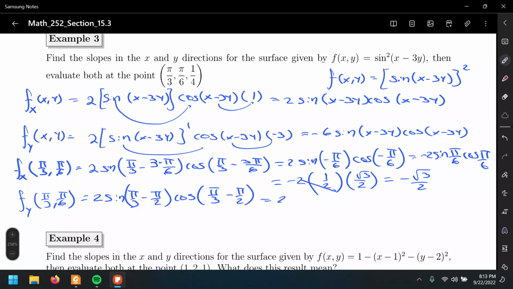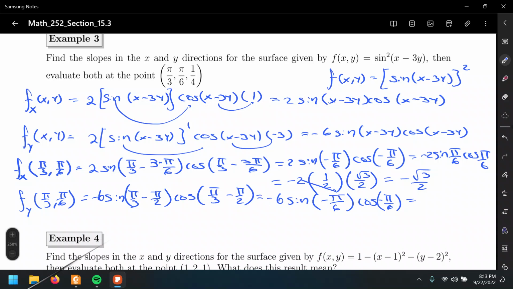And again, what we got for this is negative pi over 6. Well, it's actually negative 6 in the front, right? Yes, negative 6. So negative pi over 6, cosine negative pi over 6.